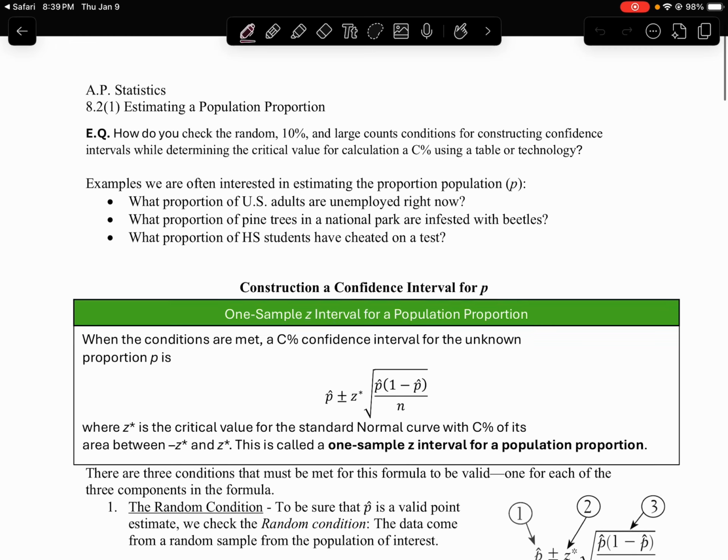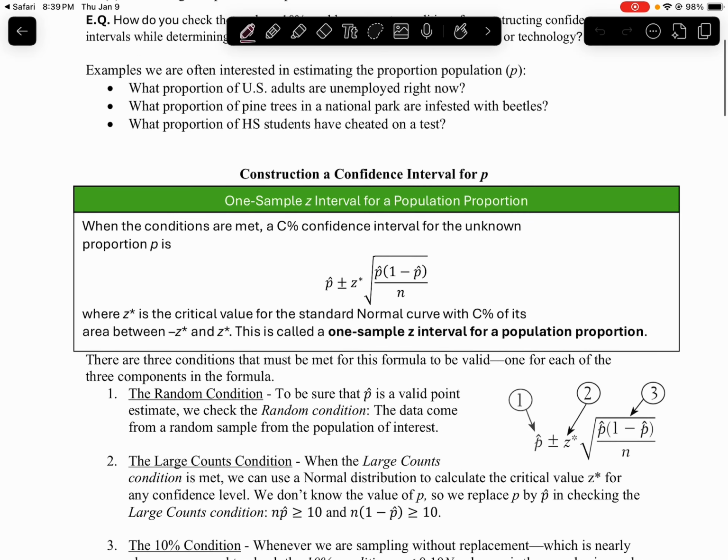So when we do that, we're going to use a one sample z interval for a population proportion. Even though that sounds like a whole lot, it's really not too bad. It says when the conditions are met, there are three conditions we're going to look at in a moment, a C% confidence interval for the unknown proportion can be found by the following.